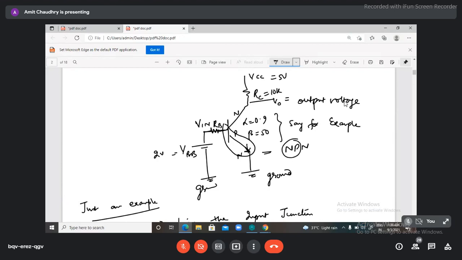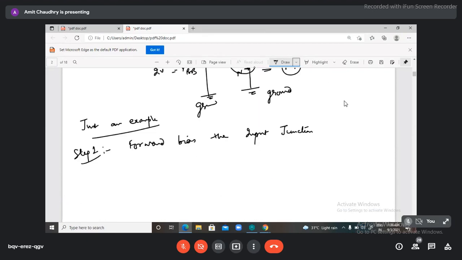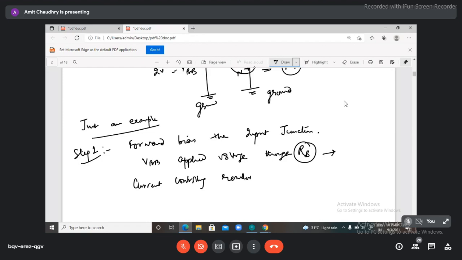Now this is NP junction. तो forward bias करना है. Forward bias means we apply voltage. VBB is the applied voltage through RB. RB is, you can say, current controlling resistor. Now VBB is normally, you can say, 2 volts.